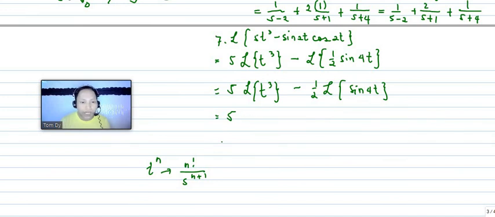We have our n here is 3. So we have here 3 factorial divided by s to the 3 plus 1, that is for the Laplace transform of t cubed, minus 1/2 times the Laplace transform of sine 4t, that is sine at.